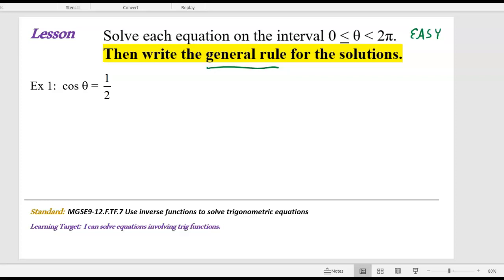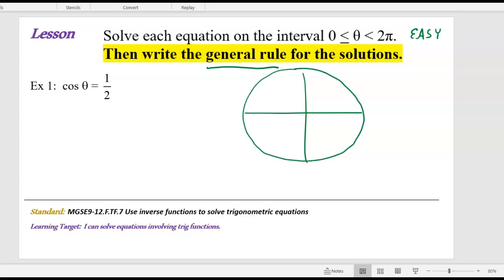Cosine of theta equals 1/2. You go to the unit circle. So the question is, and we're not thinking inverses, we're not solving equations in the traditional way of undoing cosine, okay, because that'll kind of lead us astray. So the question is, what angle will give me out 1/2 where it's cosine, right? So that means that's my x-coordinate on the unit circle.